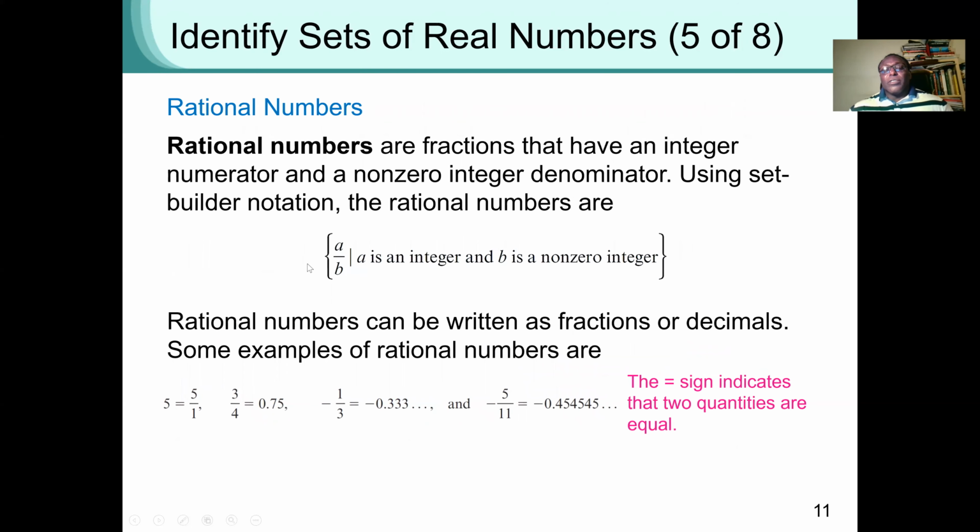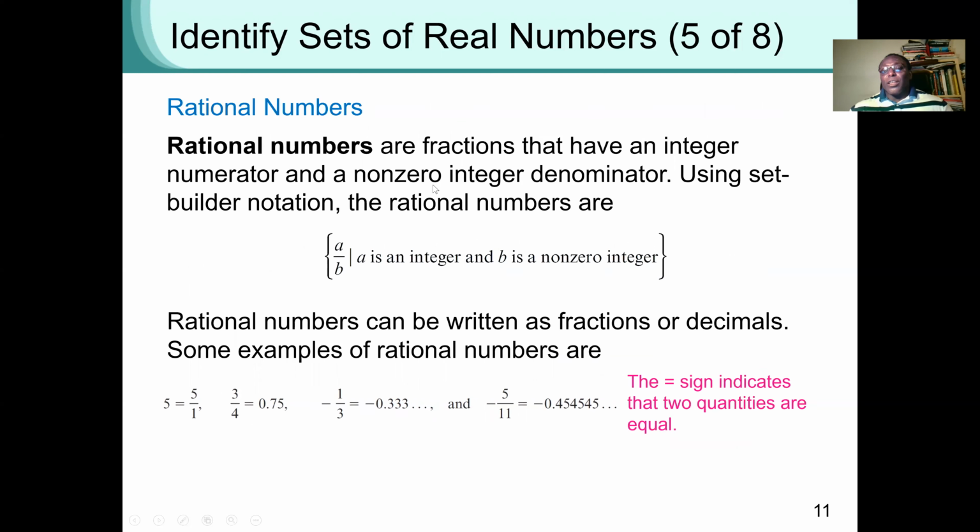Now we also should know what rational numbers are. Rational numbers are normally fractions that have an integer numerator and a non-zero integer denominator. As we know already in basic algebra or arithmetic, dividing any number by 0 does not give us an answer. It's an error.